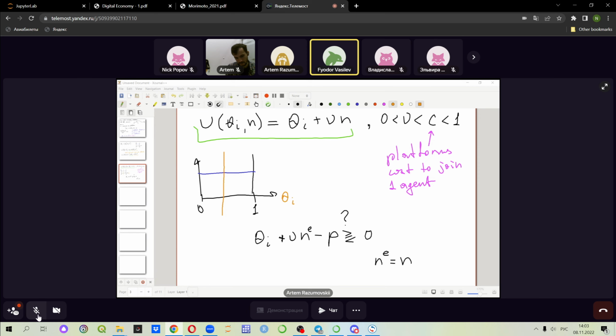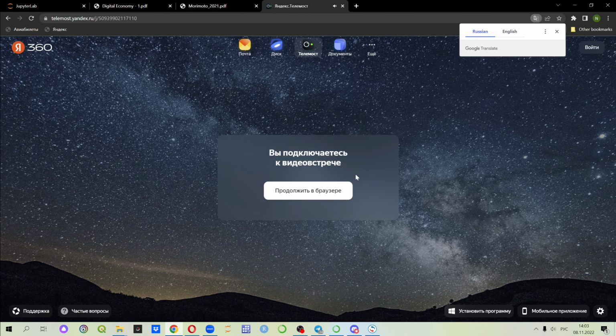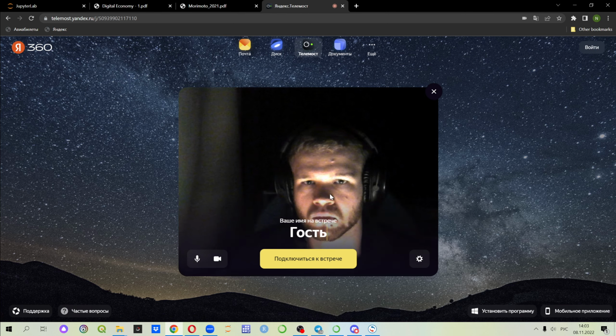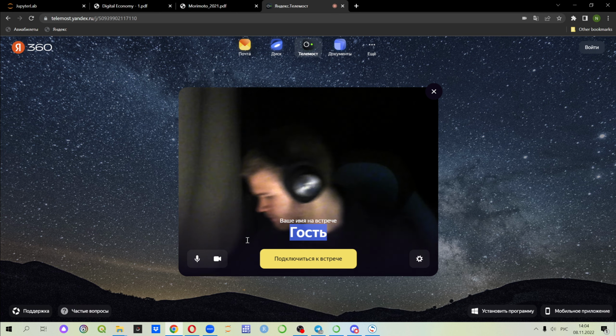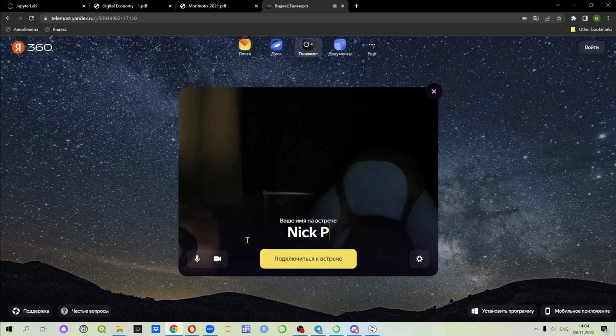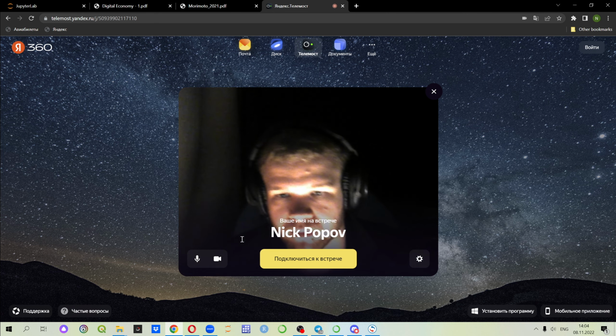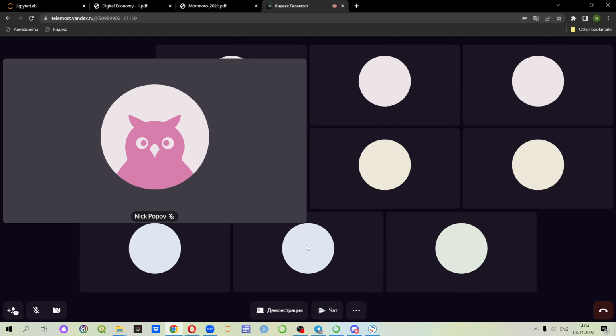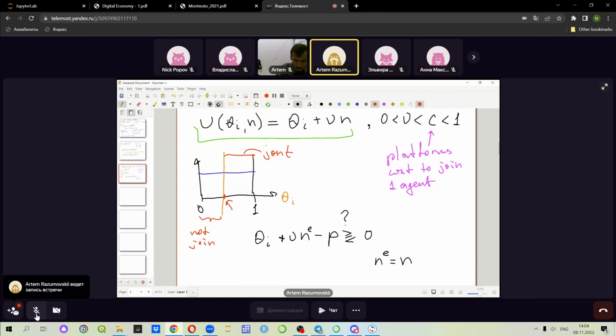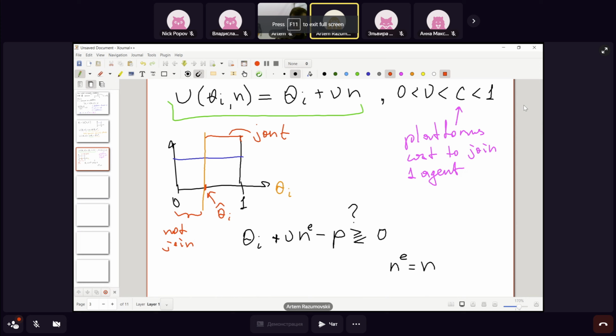With high, of course, since utility is increasing in theta, this agent joins the platform. Who is in between is denoted by theta hat.